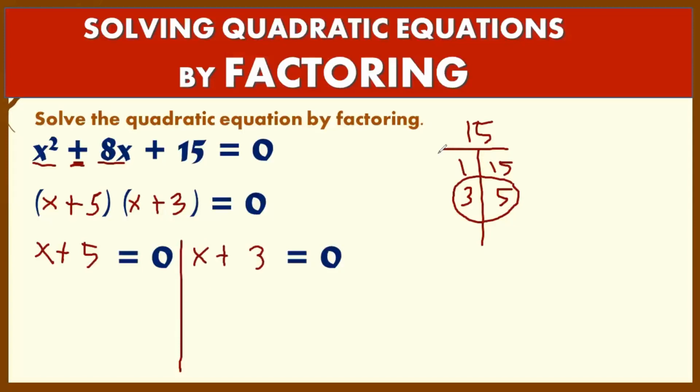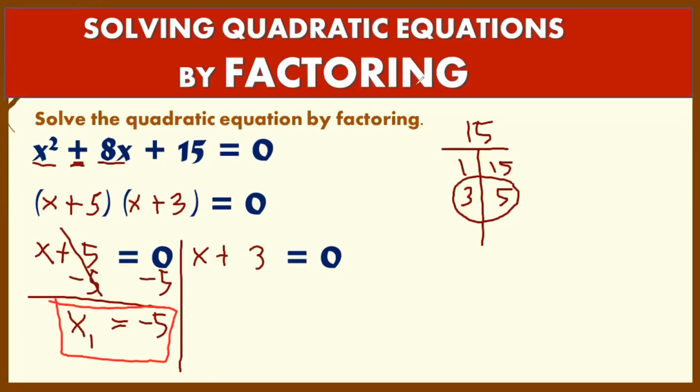So get the value of x from x plus 5 equals 0. You move positive 5 to the other side of the equation, so that we have left on the left side x, and that is equal to negative 5. So now you have your x sub 1 that is equal to negative 5.